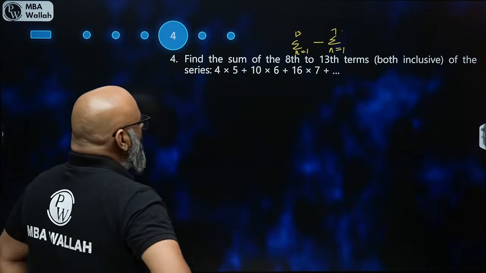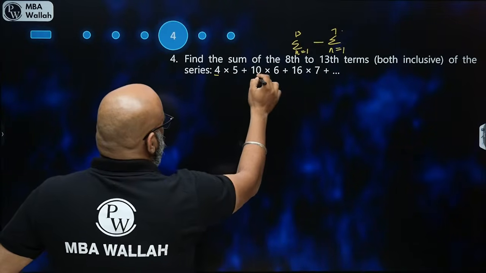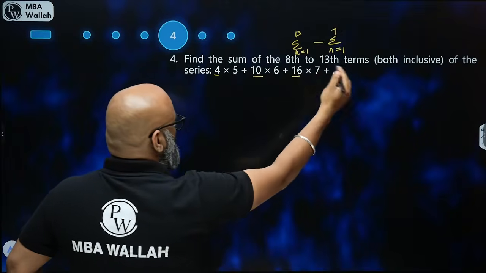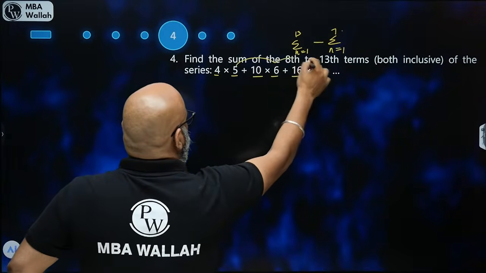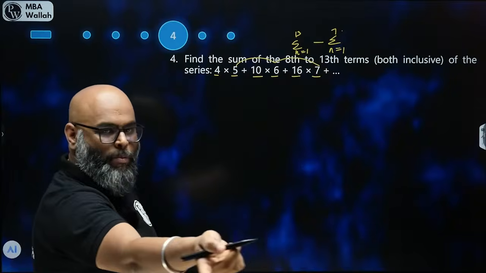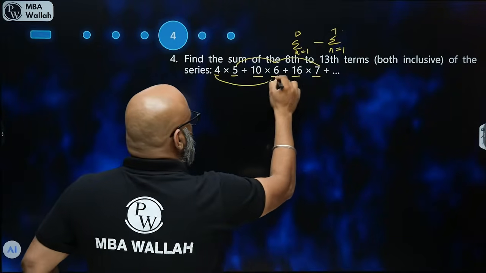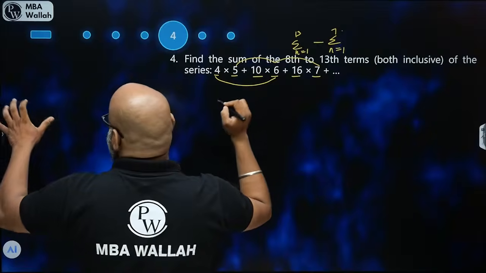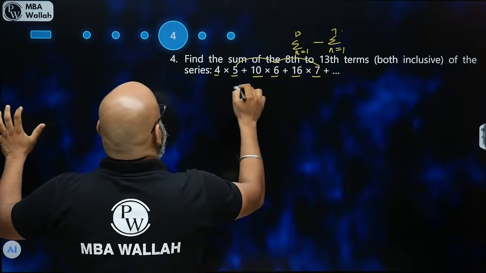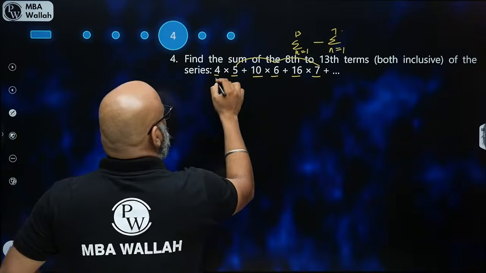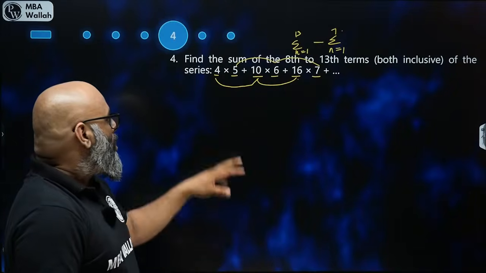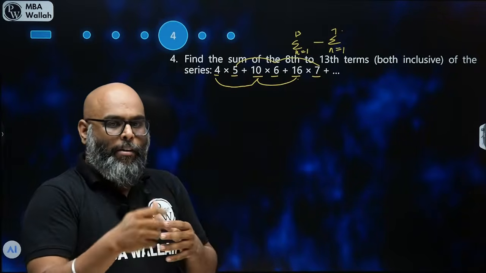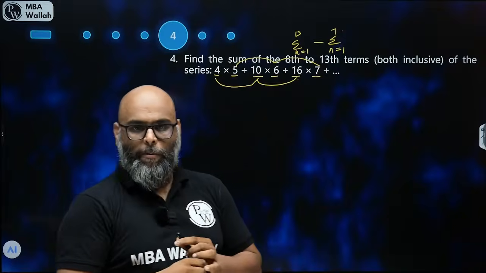So I look at 4 here, 10 here, 16 here and so on, and 5, 6, 7. This term here is increasing by 1, 1, 1, 1, 1. This term here is increasing by 6, 6, 6. So I can think about this as a multiple of 6 and then something done to it.